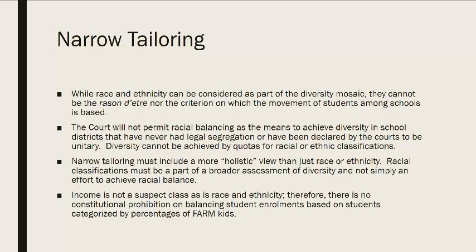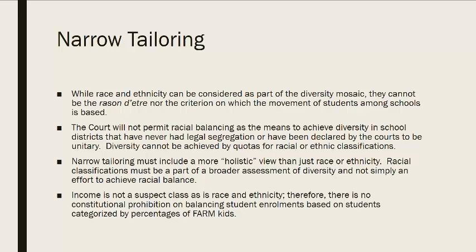Okay. The court will not permit racial balancing as a means to achieve diversity in school districts that have never had legal segregation or have been declared by the courts to be unitary. Diversity cannot be achieved by quotas for racial or ethnic classifications. So again, this goes back to the de facto schools here. The court will not permit racial balances as a means to achieve diversity in a school district that has never had legal segregation, the de facto schools, in other words.